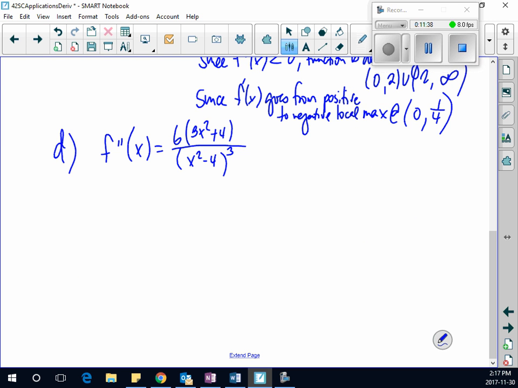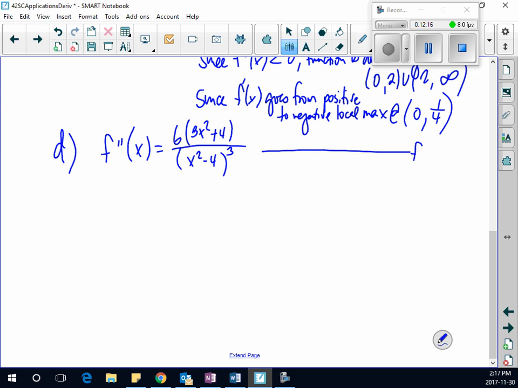Okay, so what's our critical values there? It looks like plus or minus 2. Is there anything that would give us a 0 on top? No. Plus 4. Because you're squaring something, multiplying by 3, and then adding 4. There's no way you could get 0 out of that, right?